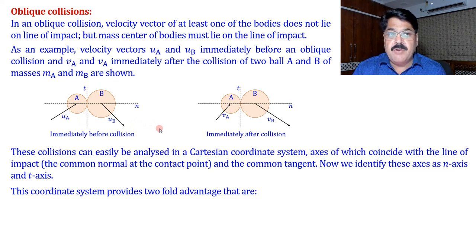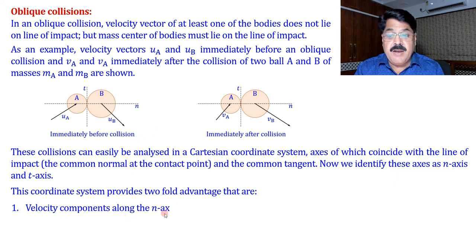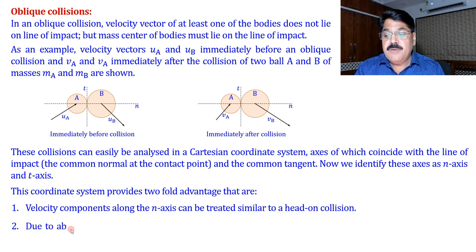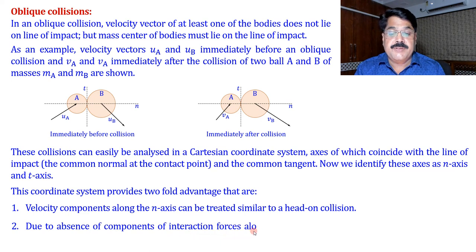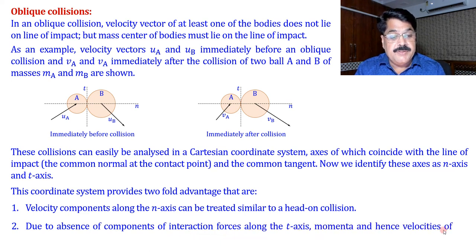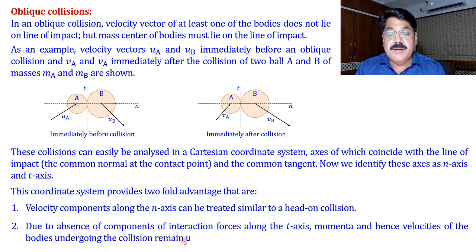And along the n-axis, the collision can be treated just like a head-on collision. So first advantage, velocity components along the n-axis can be treated similar to a head-on collision. And second, due to absence of components of interaction forces along the t-axis, momenta and hence velocities of the bodies undergoing collision remain unchanged. So that is the biggest advantage.